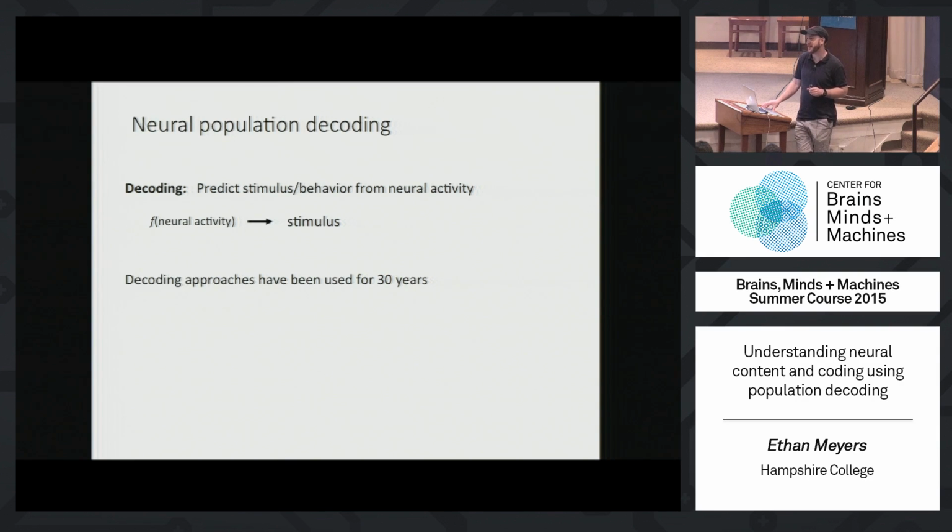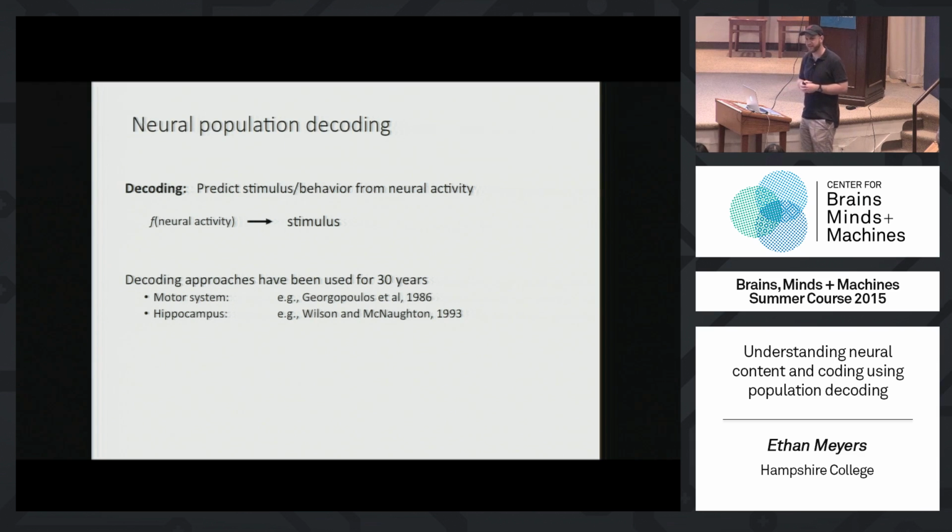Rebecca was saying MVPA goes back to 2001. Well, this goes back much further. In 1986, Georgopoulos did some studies with monkeys showing that he could decode where a monkey was moving its arm based on neural activity. And there were other studies in '93 by Matt Wilson and McNaughton.